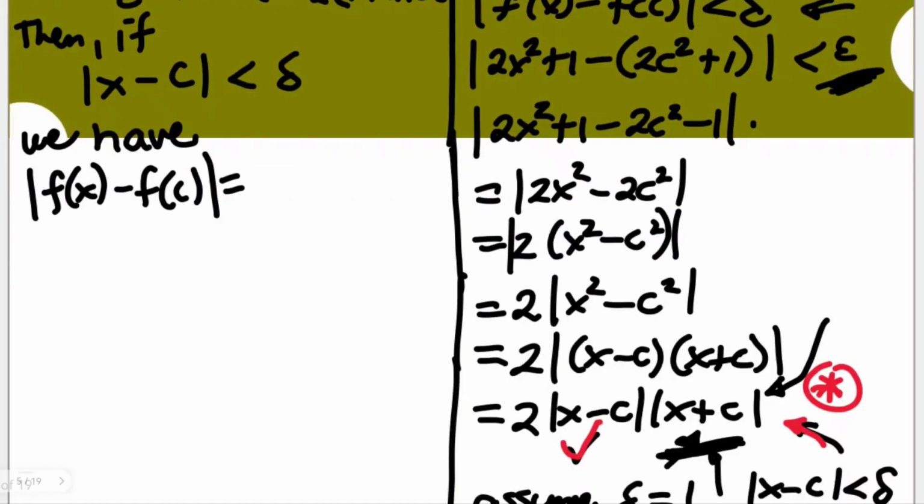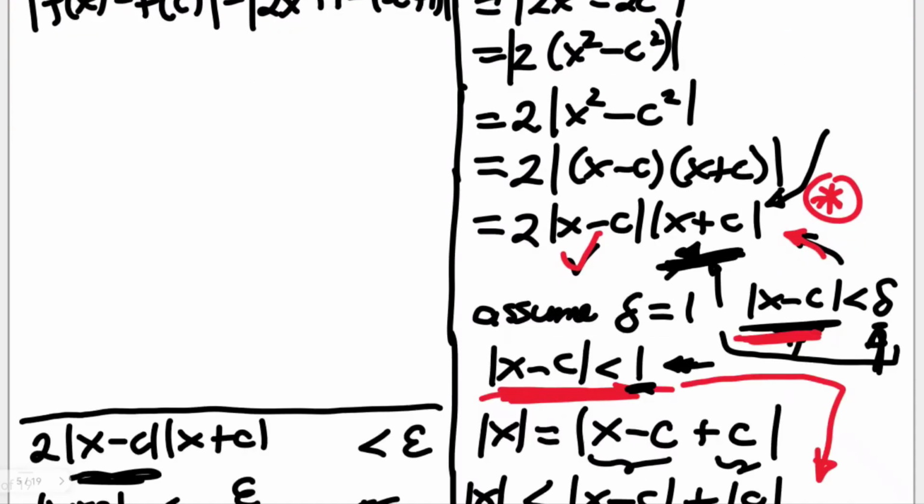We can use this form if you would like to, or you can move forward using the rest. But let's just simply use this so that we could structure our definition. 2x squared plus 1, that's our f(x), minus 2c squared plus 1, that's our f(c), which again is able to simplify to this form. We don't need to show the rest because we already had our scratch work.